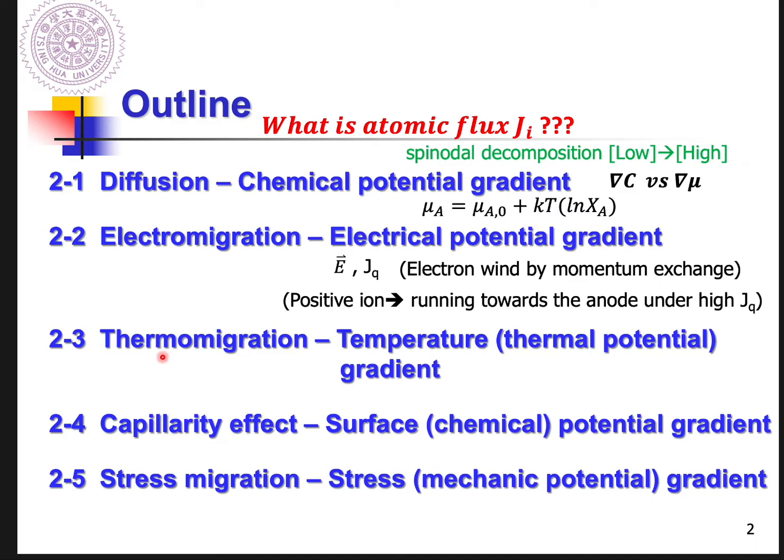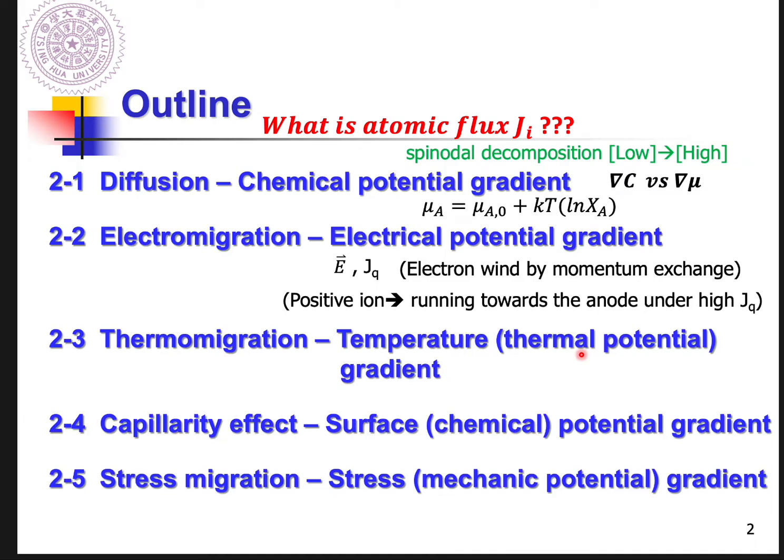And in the third section, we are going to talk about thermal migration. Based on the term thermal migration, there exists a temperature gradient along these materials, right? So there is a temperature gradient or thermal potential gradient applied on the system. That will cause a heat flux.